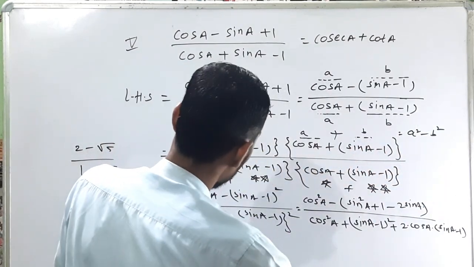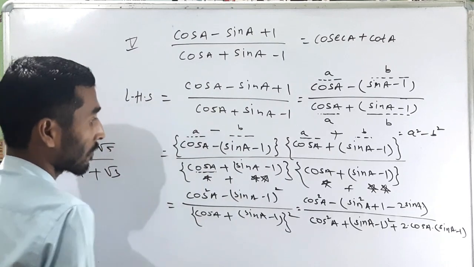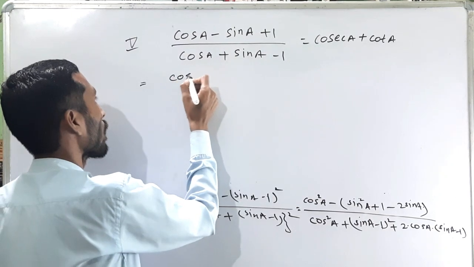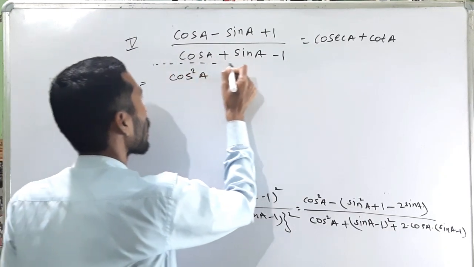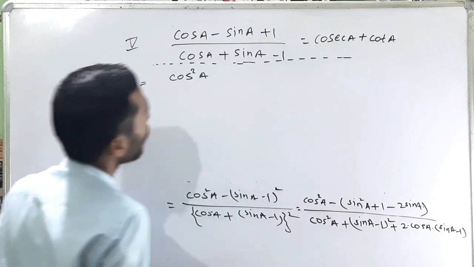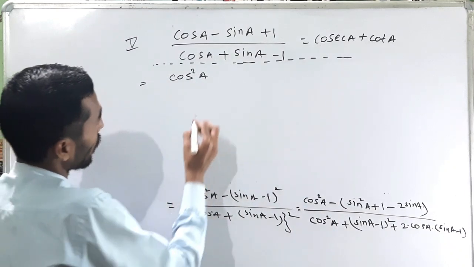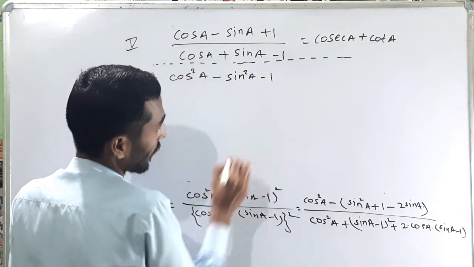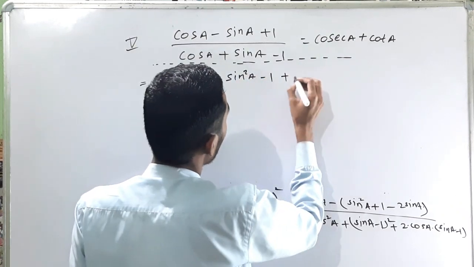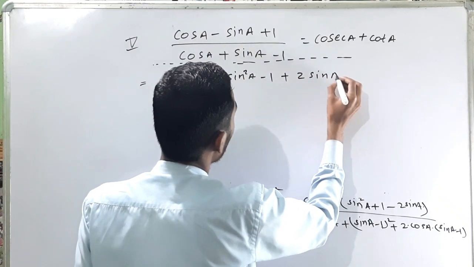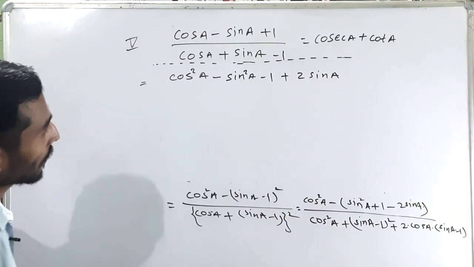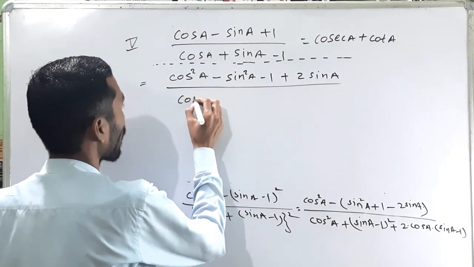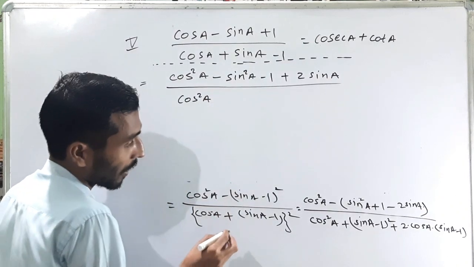Okay, so now what can be done? Cos square a minus sin square a minus 1 plus 2 sin a, by cos square a.